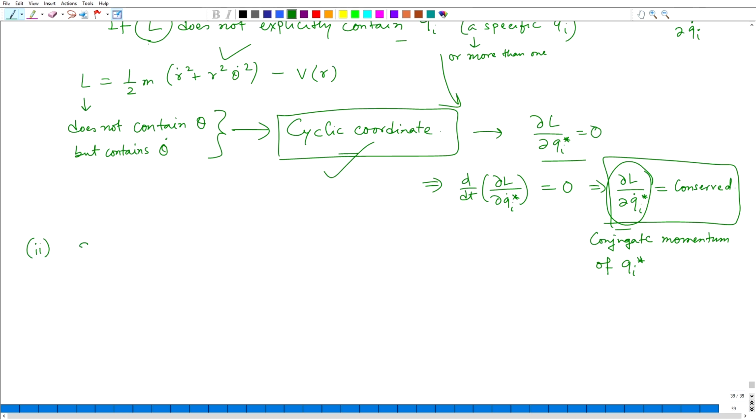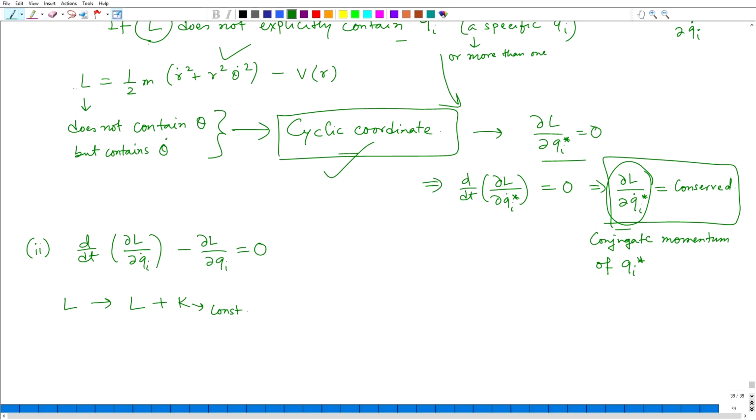Now, you see again d dt del L del Qi dot minus del L del Qi is equal to 0. I add to this L some arbitrary constant, with the same dimension, of course. L has a dimension of energy because this is T minus V. So, I can now add L plus some K, which is a constant having the dimension of energy.